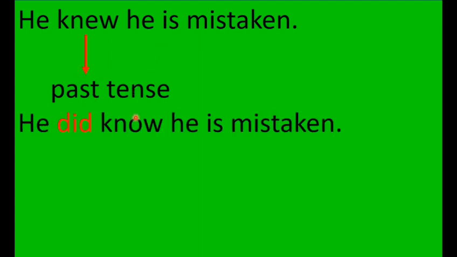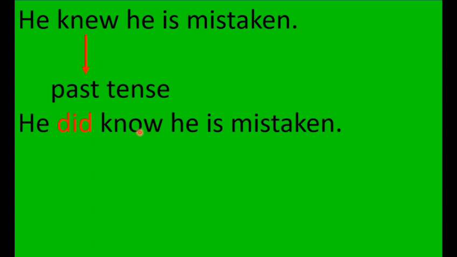Another example. He knew he is mistaken. Now, knew is our verb in the past tense. Okay. If we transform this into an emphatic form using did, it will become like this. He did know he is mistaken. Now, notice here, in the first sentence, our verb is in the past tense. But since we use the past form of do, which is did, then this verb will become present tense.